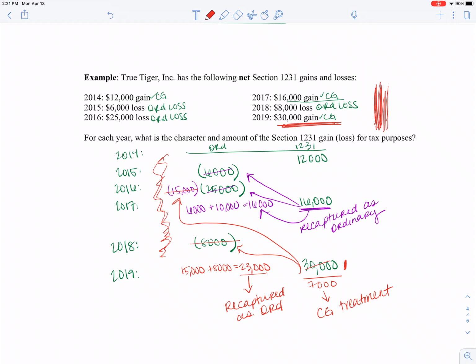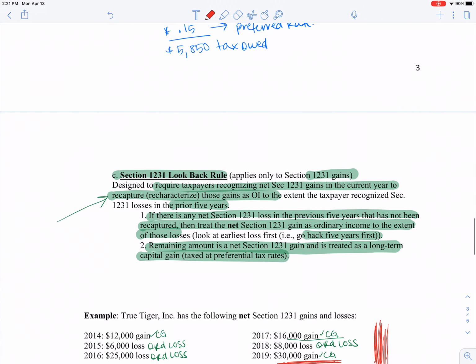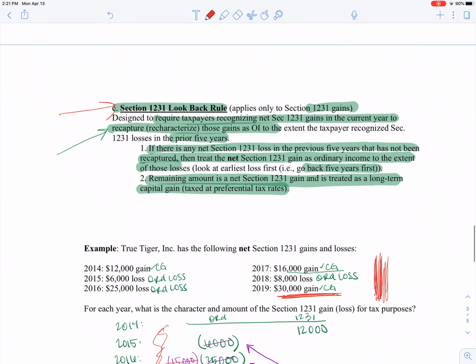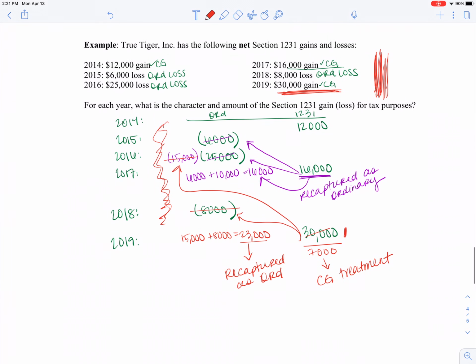But because taxpayers were timing these sales so that they'd have all their losses in one year and be able to offset them against ordinary income, and all of their gains in another year and get capital gain treatment, we now have the 1231 look back rule, which makes it difficult for firms to do that timing. That's where they would have to recapture as ordinary income any gains to the extent that they had losses that offset ordinary income in the prior 5 years.